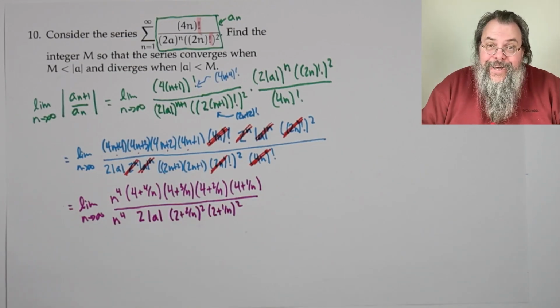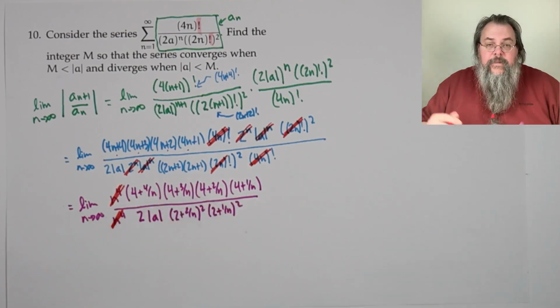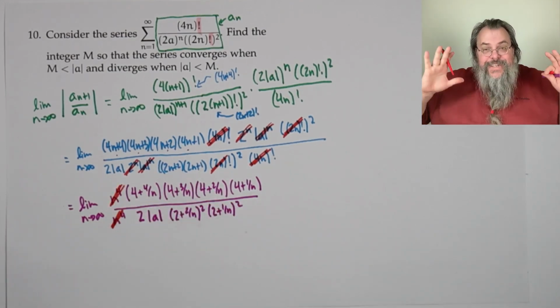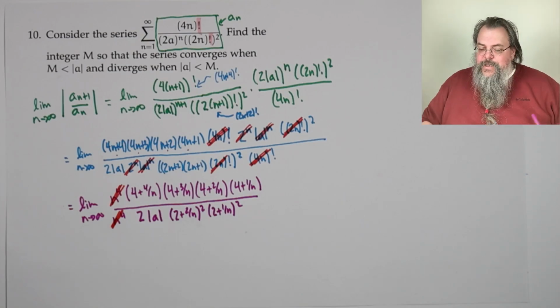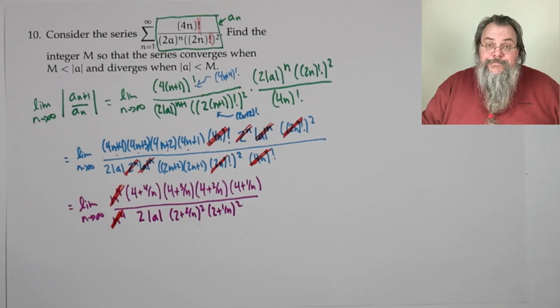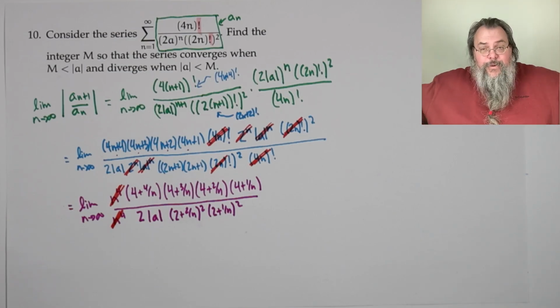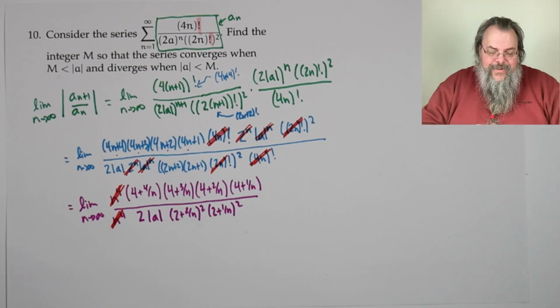We can again cancel the n to the 4th. The reason we're pulling it out is to slow things down so that we get a nice, soft landing and a number. We don't want things to blow up or go to 0. Just right. That's our goal.